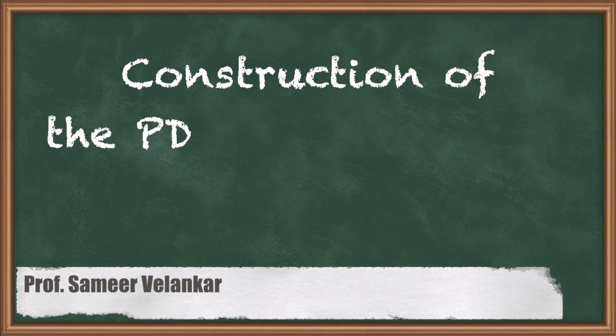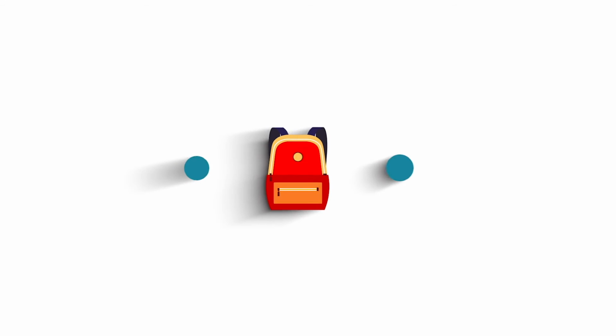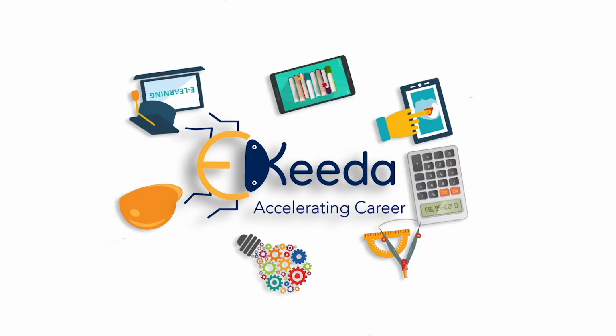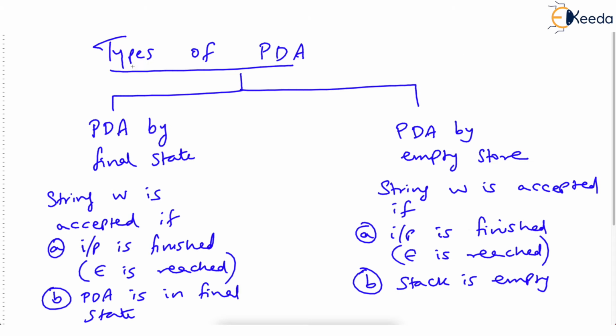Hello dear students, let's see in this video types of pushdown automata. Now as you see I have written, there are two types of pushdown automata. The first one is pushdown automata by final state.